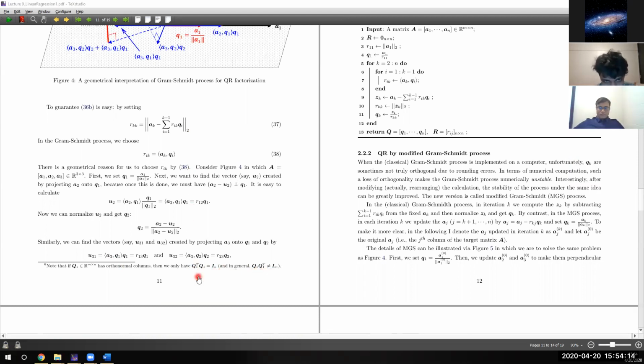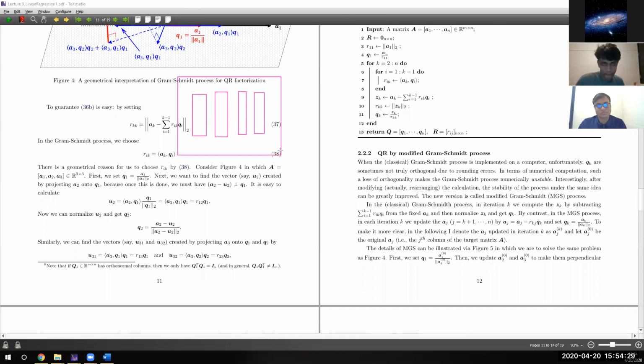Why? Think about this. Q1^T Q1 means what? Suppose your Q1 equals this, different columns, right? So what is Q1^T times Q1? Q1^T means they become rows, and the rows times the columns.